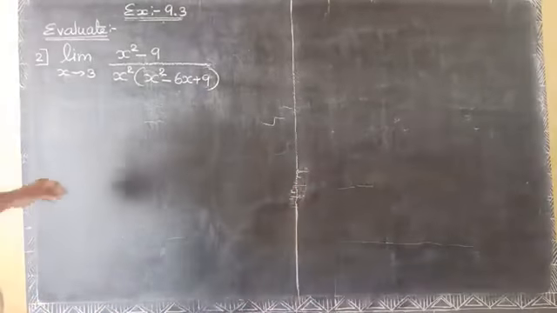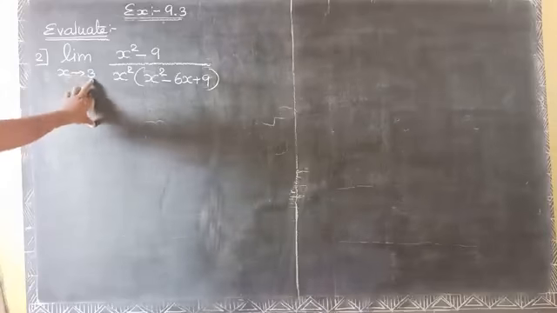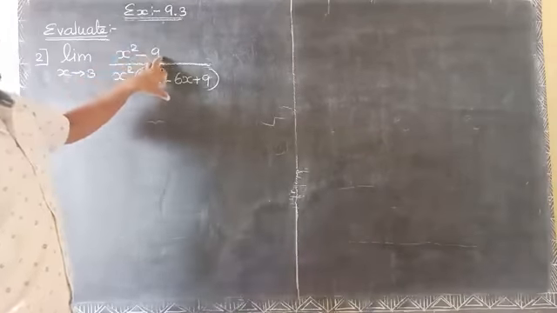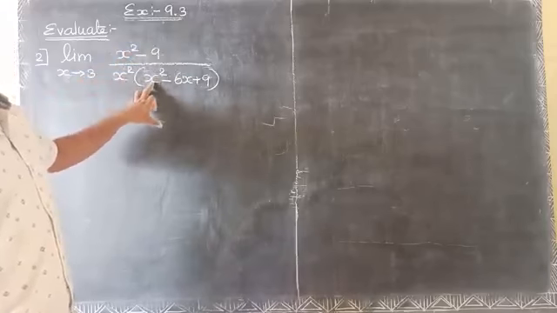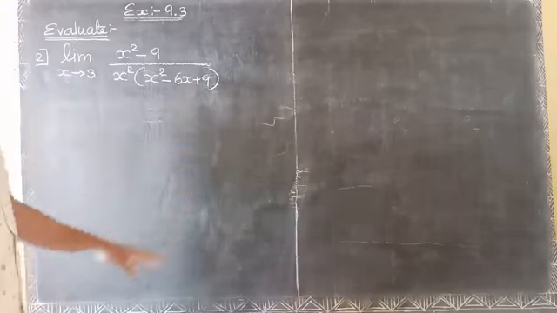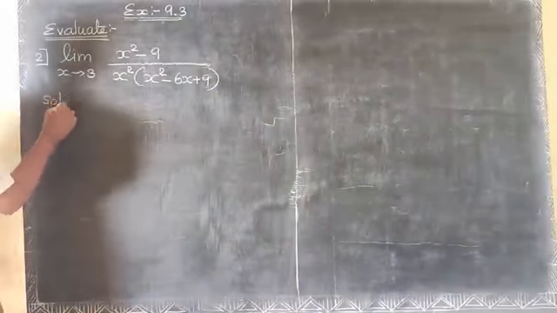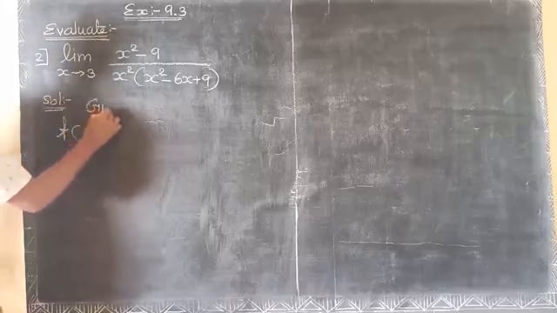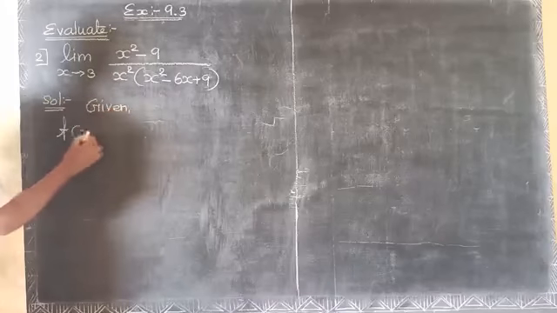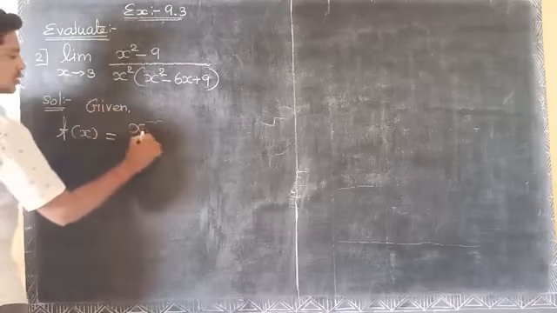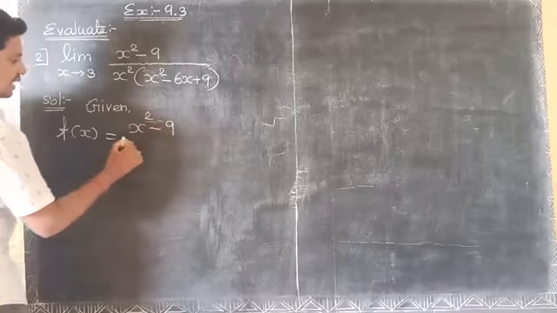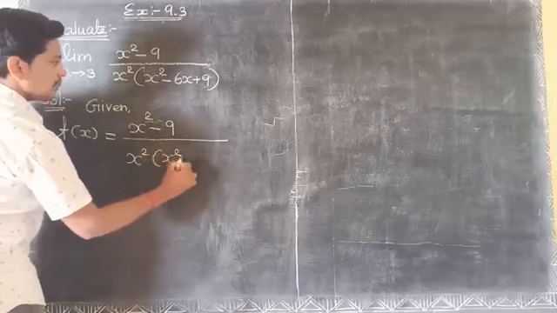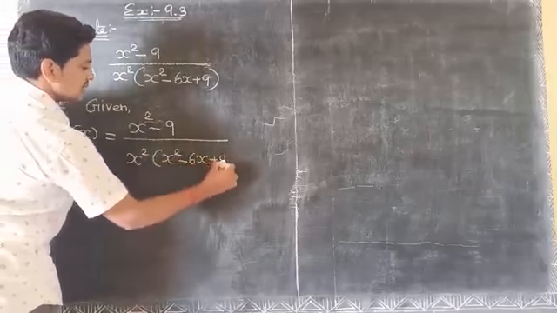Evaluate limit x approaches x naught, that is 3, of x square minus 9 divided by x square into x square minus 6x plus 9. Solution: given the function f of x equal to x square minus 9 divided by x square into x square minus 6x plus 9.